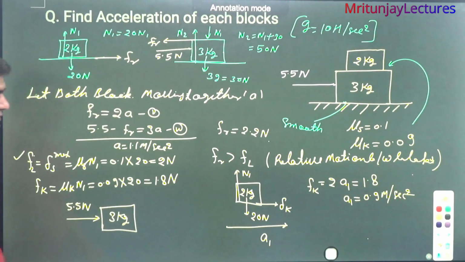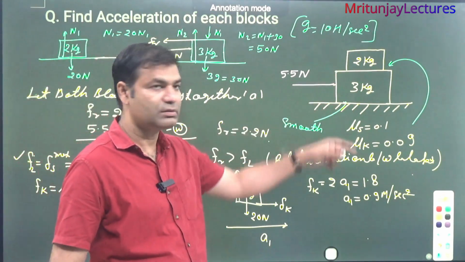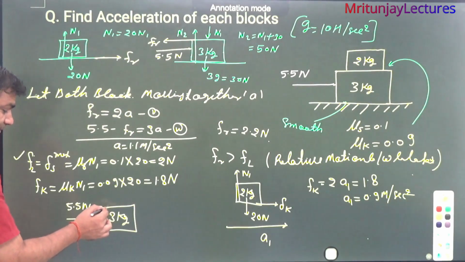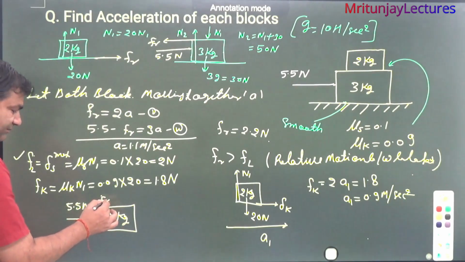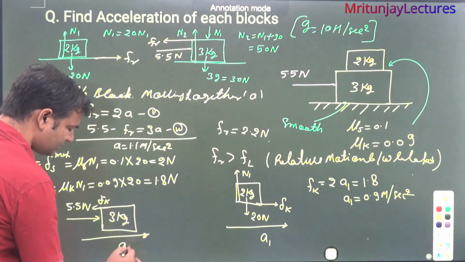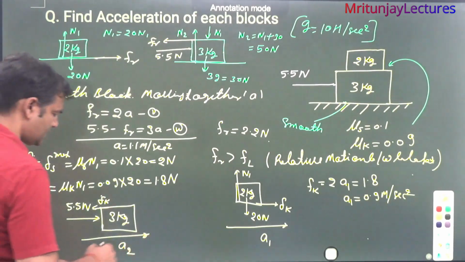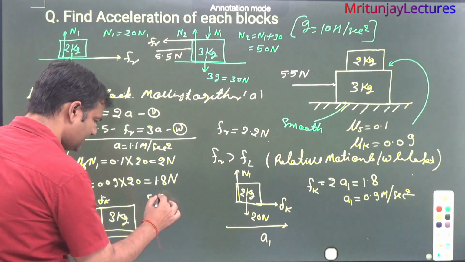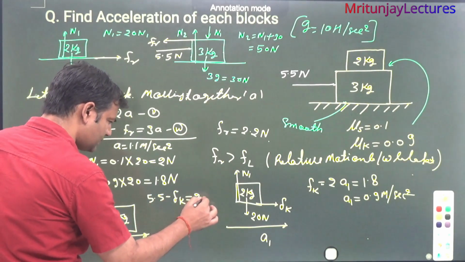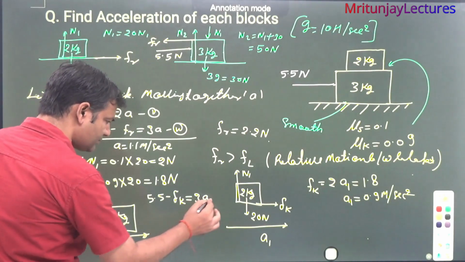During motion both slide, so kinetic friction Fk opposes motion. Suppose this block moves with acceleration A2. So 5.5 minus Fk equals 3 into A2.